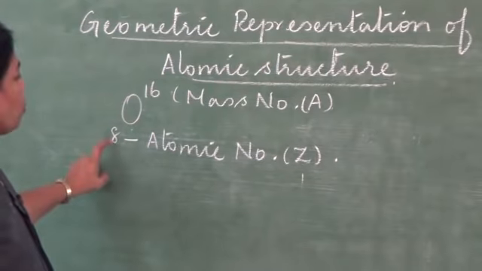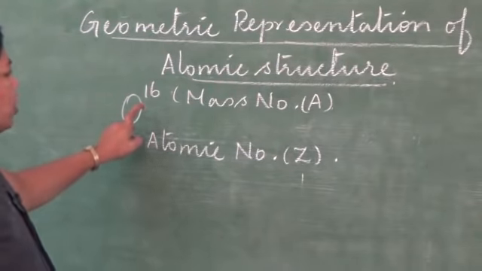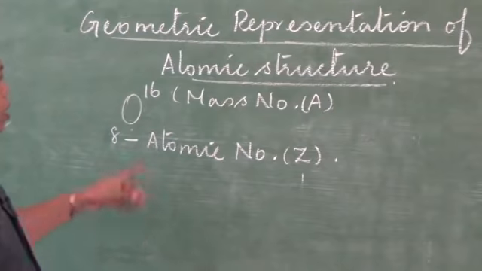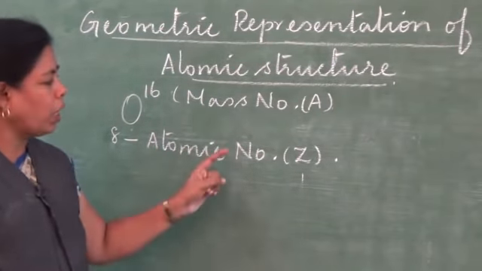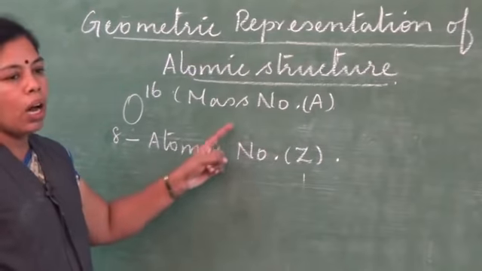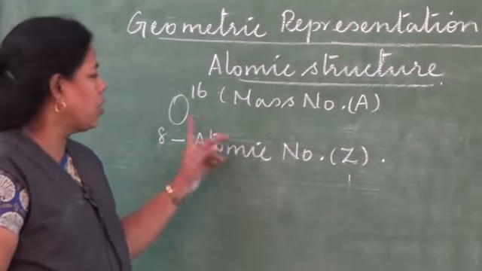Now, how to write the geometric representation of atomic structure of oxygen atom? We have the two data, mass number and atomic number. By using the two data, how to find out the subatomic particles of oxygen atom?